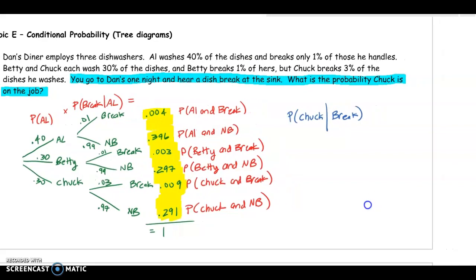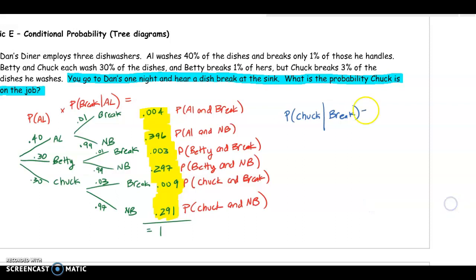Now, when you set up this conditional probability, the denominator is always going to be made up of the numbers where things were broken. So I go to my sample space, and right here a dish was broken. Right here, Betty broke a dish, and Chuck was washing and broke a dish. So now the sample space has been narrowed down to just these three situations. That is what's going to go on the bottom.